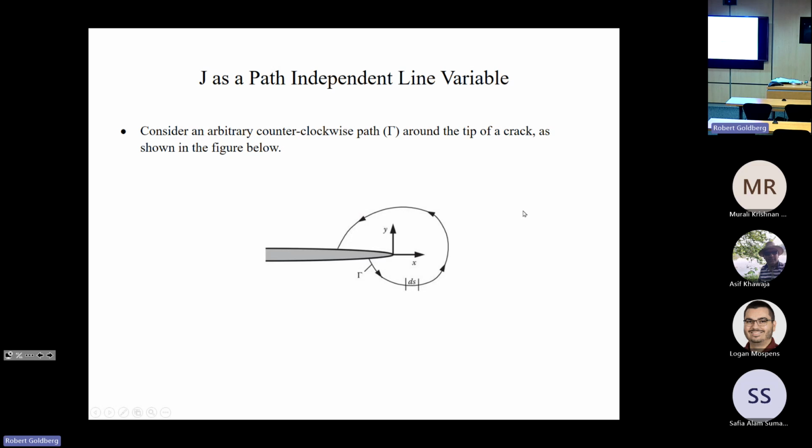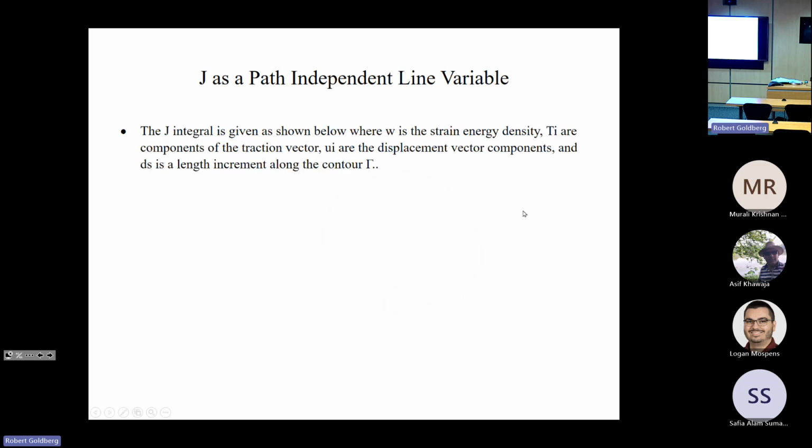So now we're going to move into a secondary type of definition for the J integral, and that is as a path-independent line integral. We set up an arbitrary counterclockwise path around the tip of a crack as we show here, and this is a purely arbitrary path, as long as we start at the bottom and end up at the top.